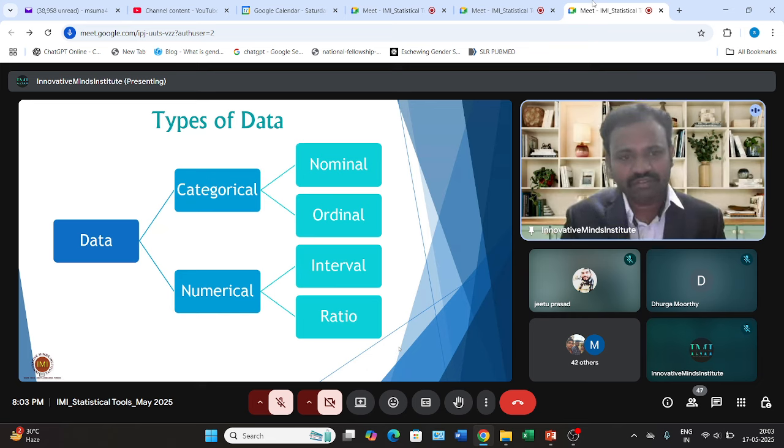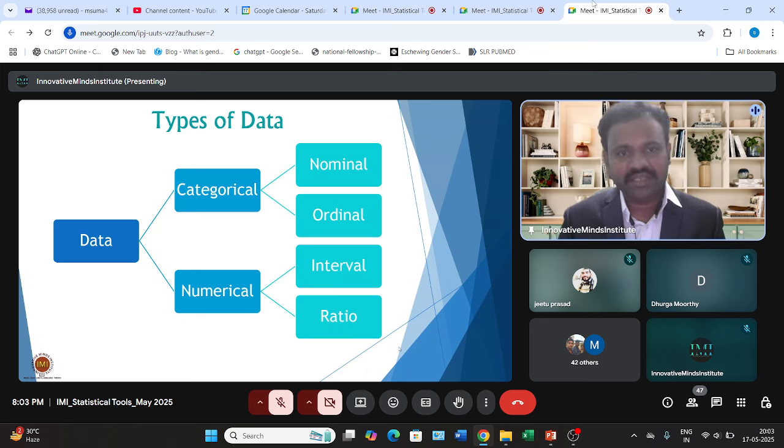Don't feel afraid of these kinds of terms. If it is alphabets, A, B, C, D, then it's most probably categorical. And if it is a number, it's numerical. For example, age is a number, so it's numerical, right? So quality of life, 70 percent, 80, right?